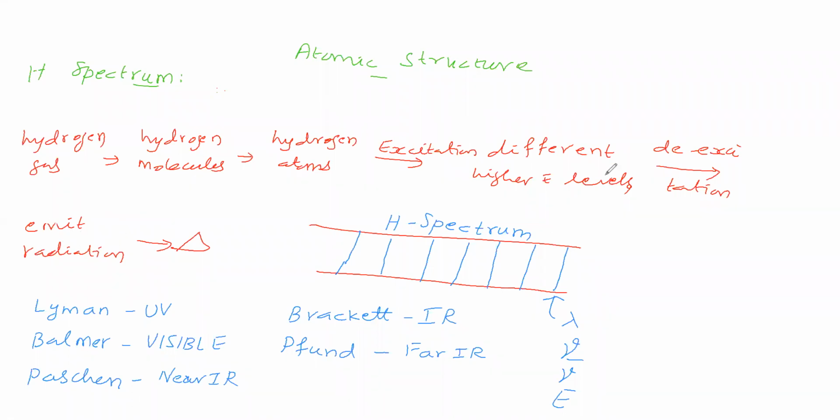Why does the higher energy level electron emit radiation? Because its stability is low. So the higher energy level electron jumps to a lower energy level, and while doing so it emits radiation. That is the concept Niels Bohr took for deriving the wavelength of a spectral line.